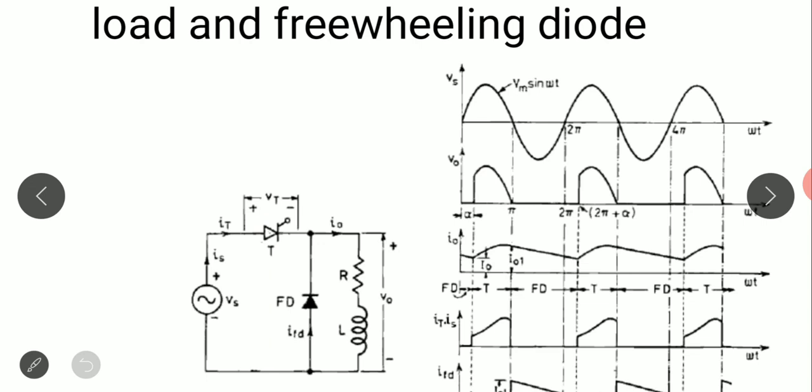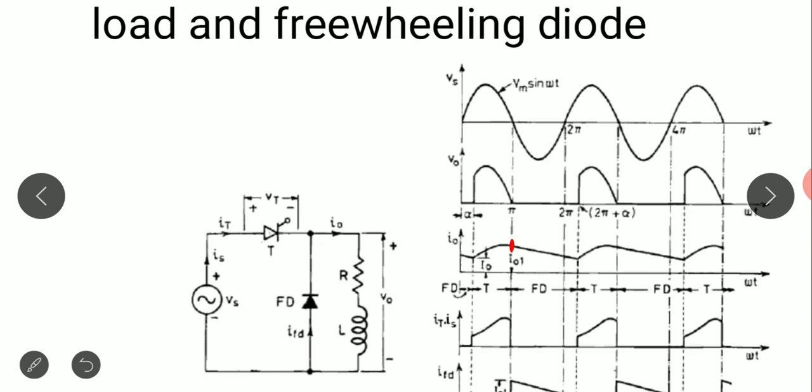So it is rising exponentially as well as sinusoidally. But since the current is lagging in nature because of inductive load, when voltage becomes 0, the current is still finite. The current is having a certain finite value. Here this finite value is represented by capital I01.